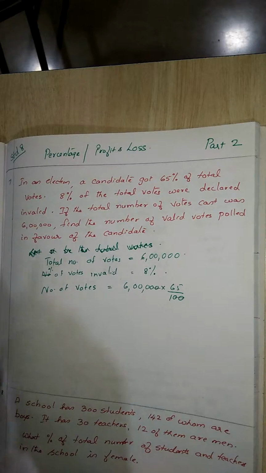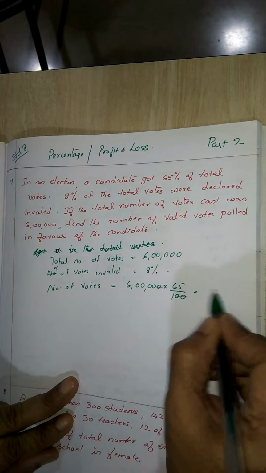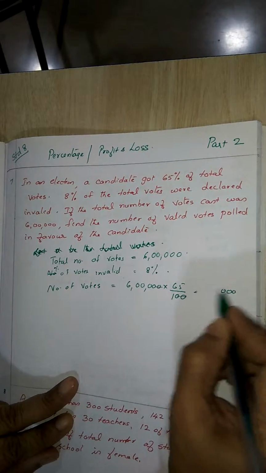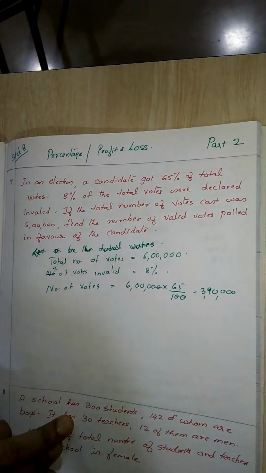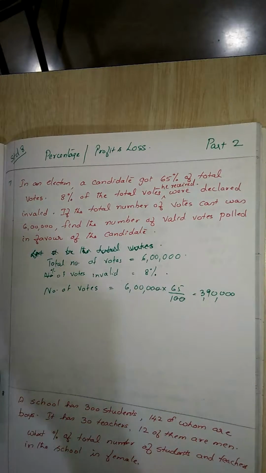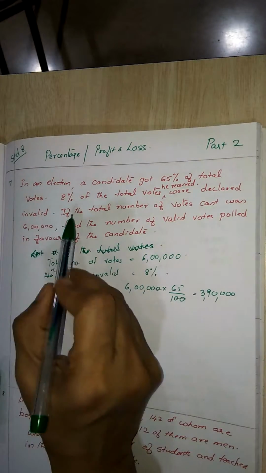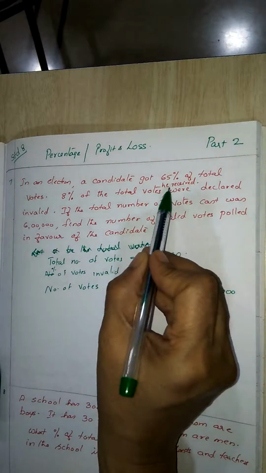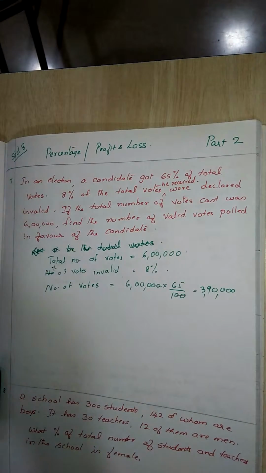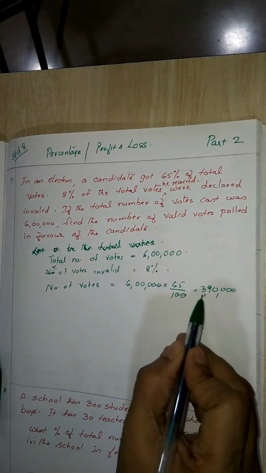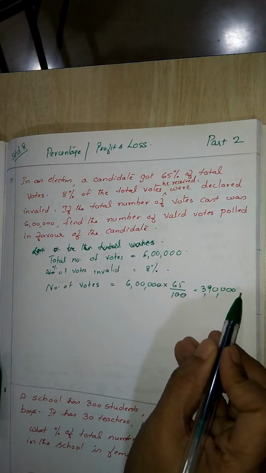So if you multiply, 3,90,000. Now 8% of the total votes he received were declared invalid. So he received 3,90,000 votes.